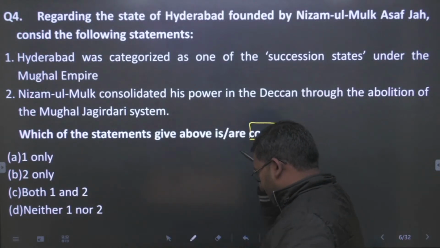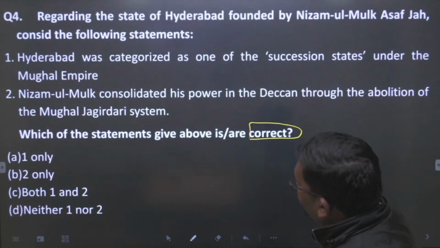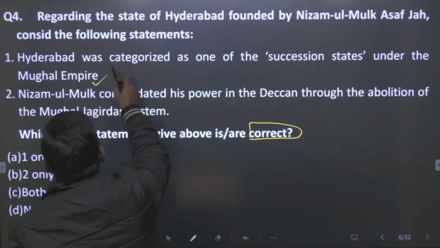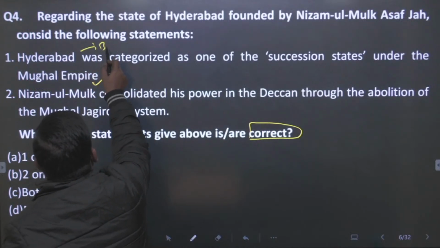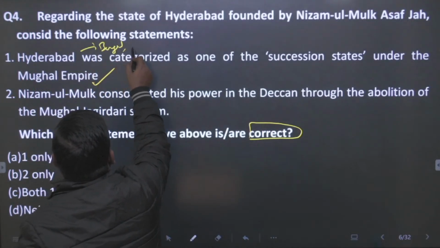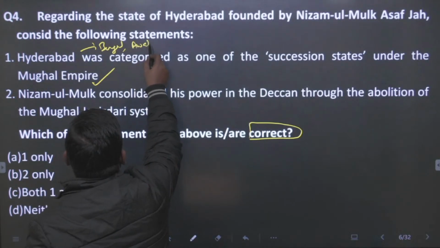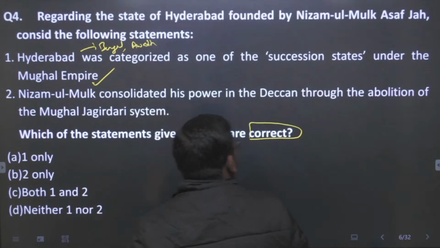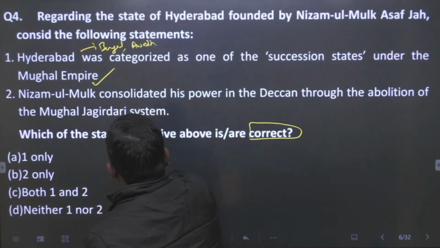The first will be true, because Hyderabad was a successor state along with Bengal and Awadh. And Nizam al-Mulk had consolidated his power in the Deccan through the abolition of Mughal Jagirdari. Yes, it is true.